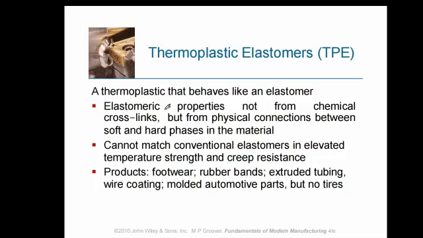And the elastomeric properties are not from chemical crosslinks but from physical connections between soft and hard phases in the material. So with thermoplastic elastomers, TPE, the elastic properties of the polymer do not come from cross-linking, but more from physical connections between some soft and hard phases.